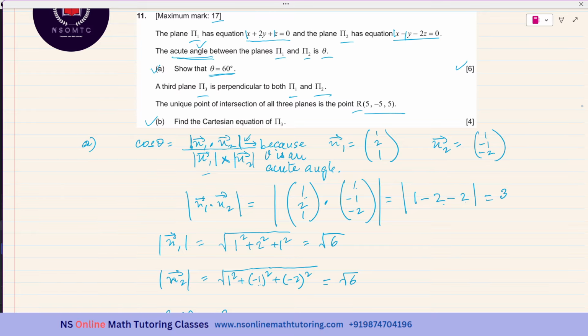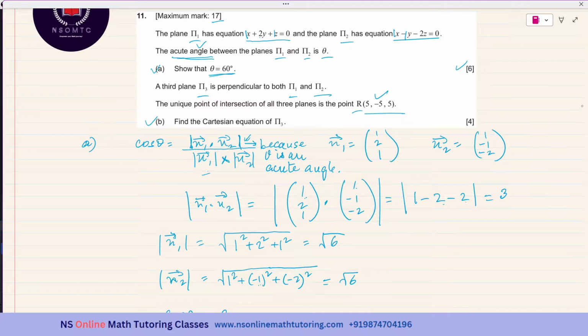In order to get the equation of a plane, what information do we need? We need the vector which is normal to this plane, and we need the coordinates of a point which is on the plane.